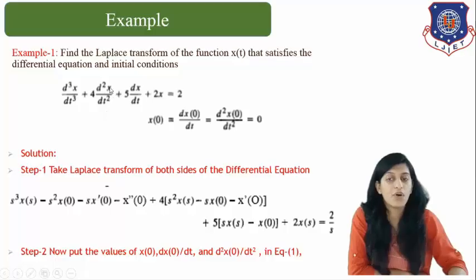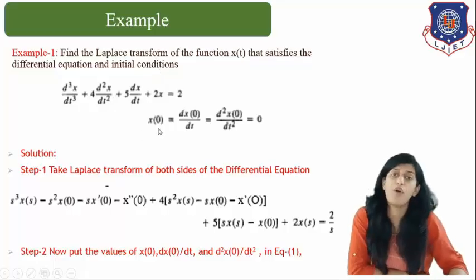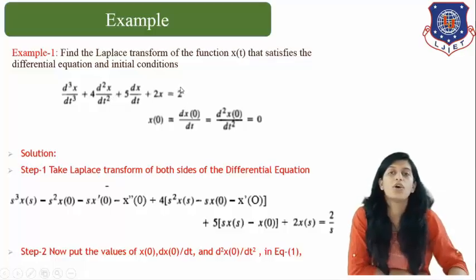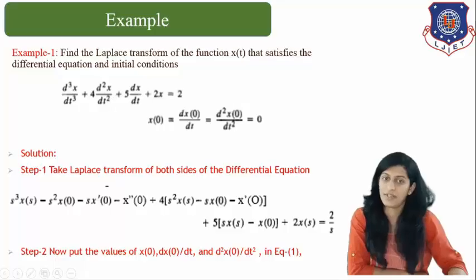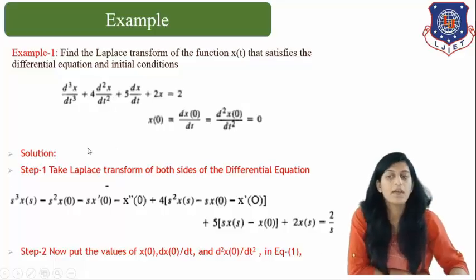Similarly, we will write for d square x upon dt square and dx by dt. The transform of x can be written as x of s, and here in the front side 2 can be written, 2 is unit. So Laplace transform of unit function is 1 by s. So it will be 2 by s.